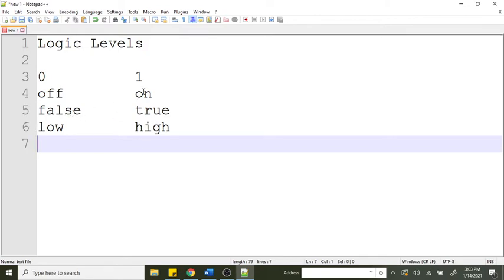And these logic levels actually correspond to voltages, which I'm not going to get into in this video, but what levels of voltage correspond to a logic 0 or logic 1. For this specific video, I'd like to just stick with logic levels, but these are some of the other terms that you may see.